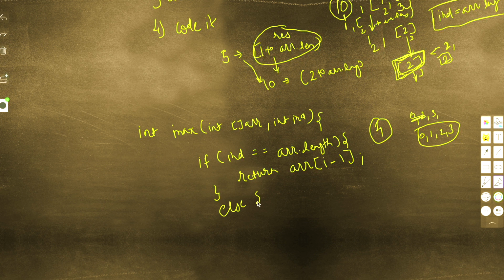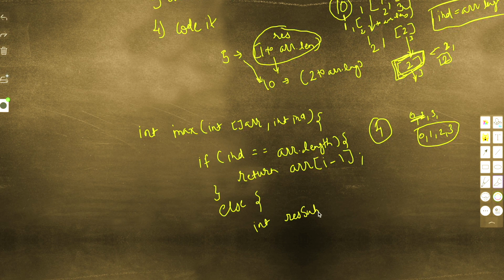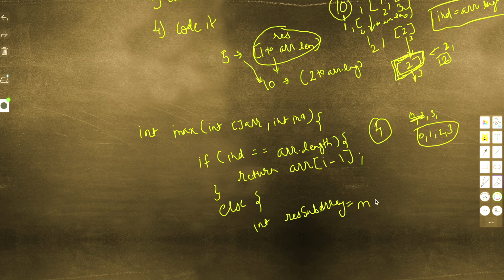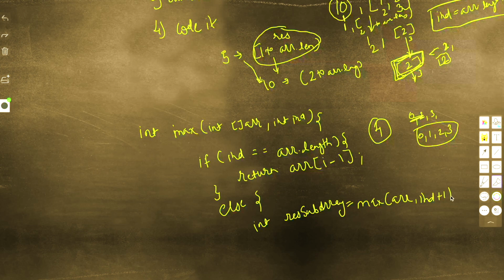Else, what do I need to do? I need to ask for the result from my subarray by passing the array as it is. There is no change in the array, but I need to do index plus 1.